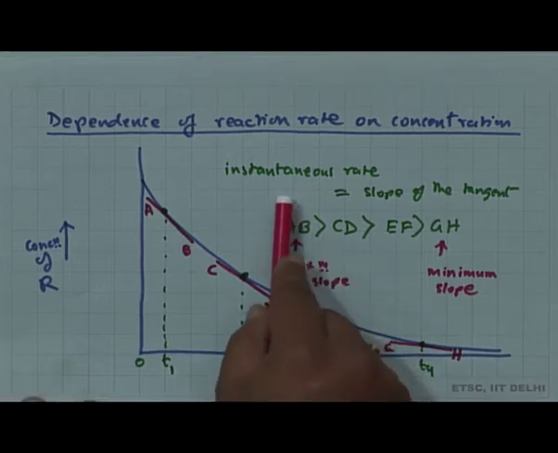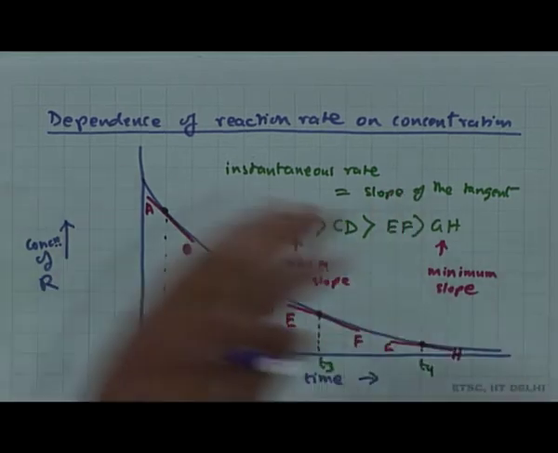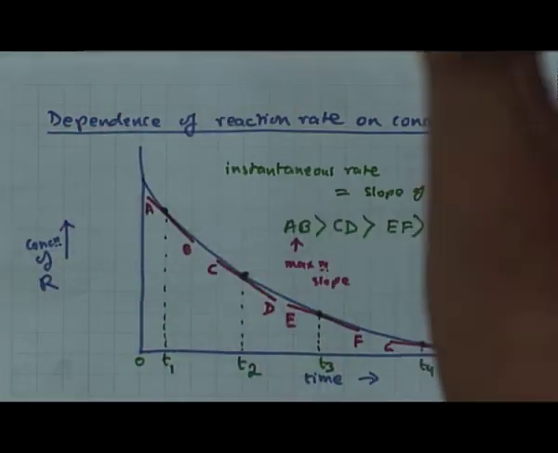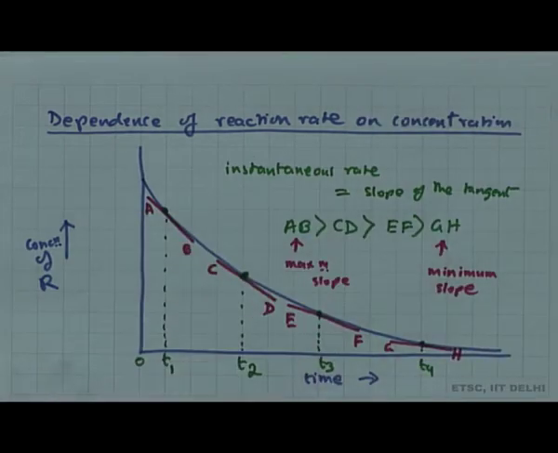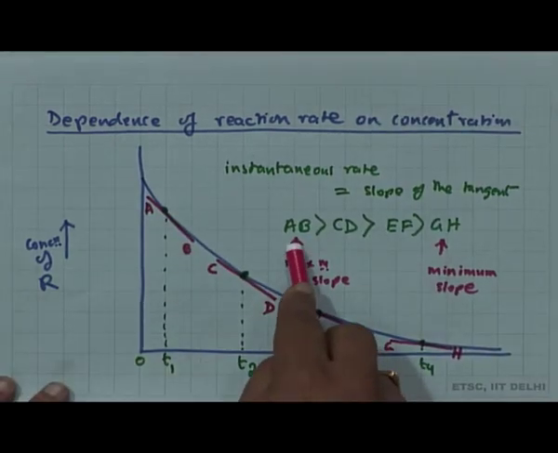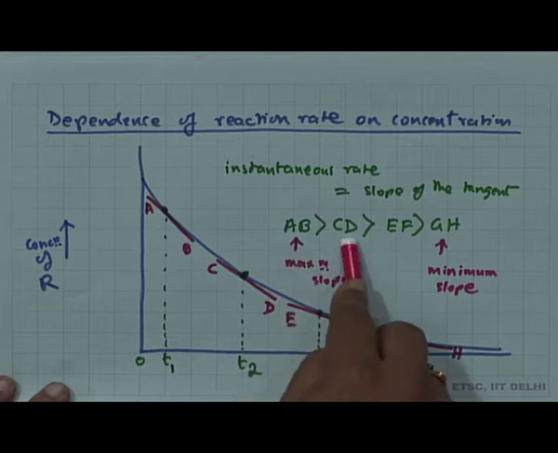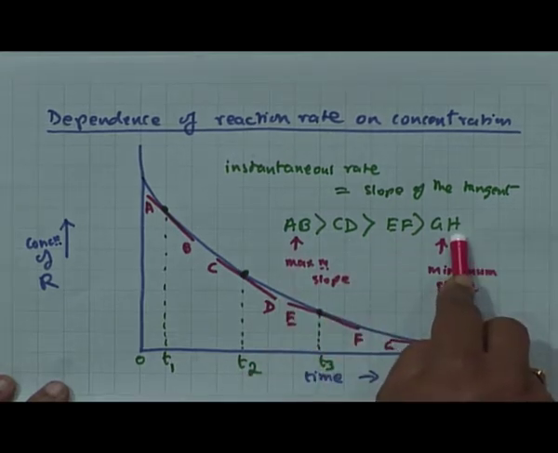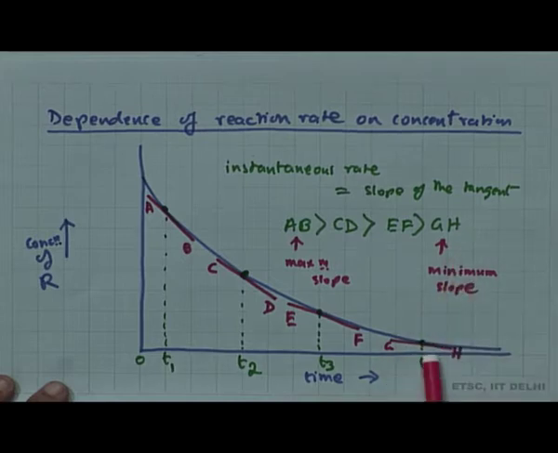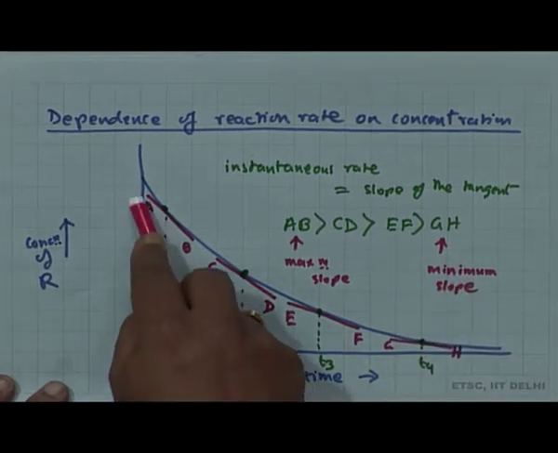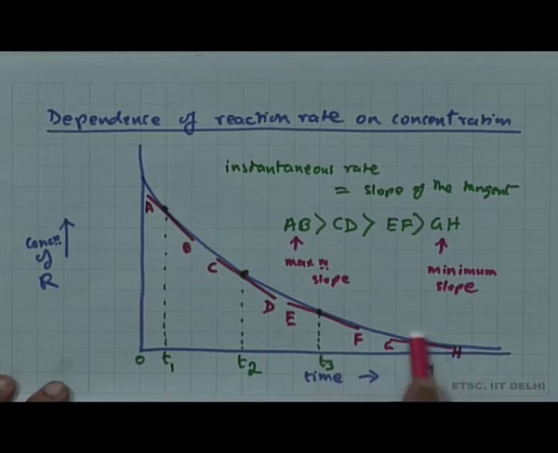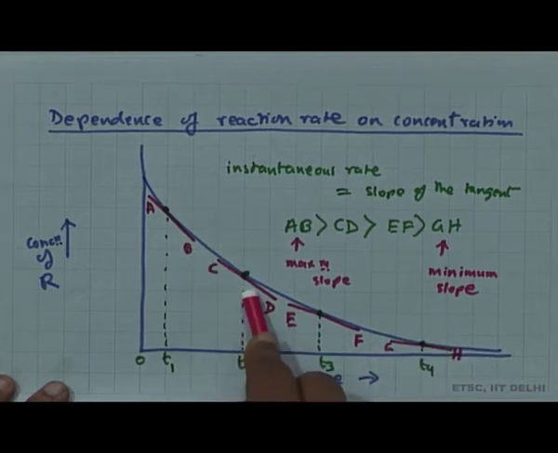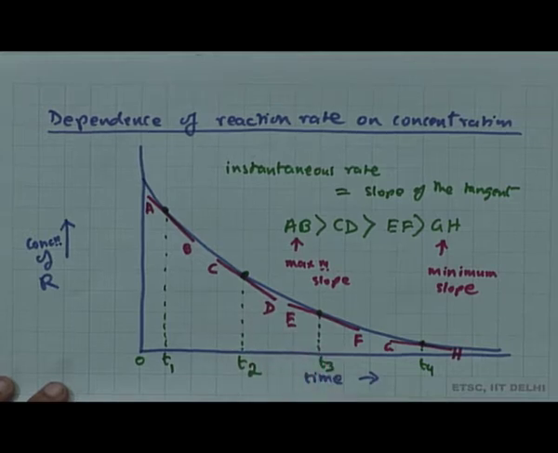So, if the instantaneous rate is equal to the slope of the tangent with a negative sign, negative referring to the loss of reactant, then AB is having the maximum slope, followed by CD, followed by EF, followed by GH, which is having the minimum slope.